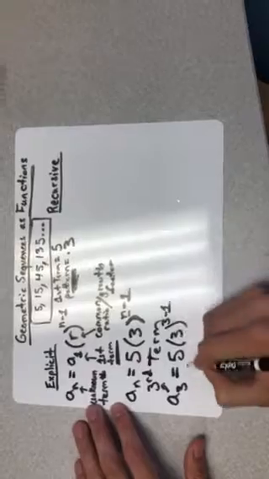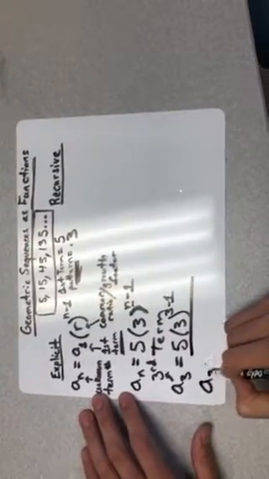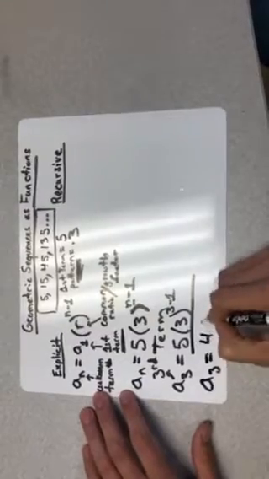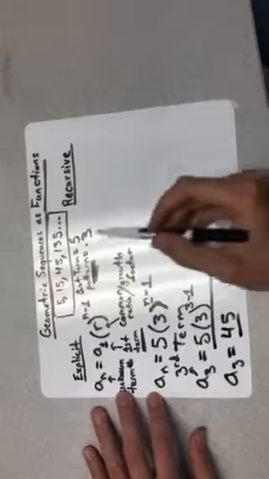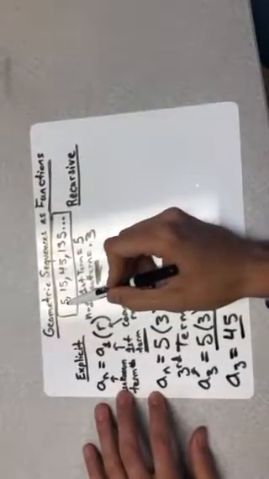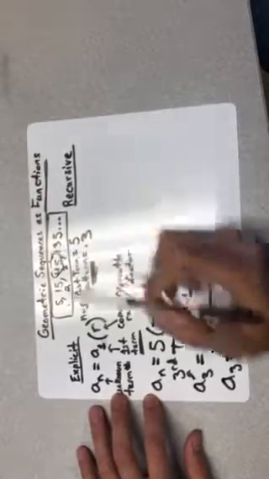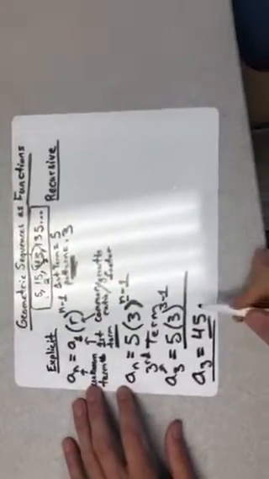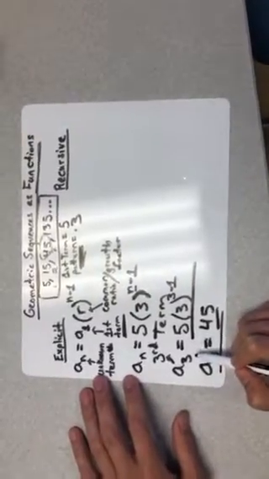If I put exactly what I underlined in a calculator, you're going to get a sub 3 equals 45. Let's take a look back at our sequence. What's the third term? 1, 2, 3. The third term is 45. So n, remember, represents the term that you want to find.